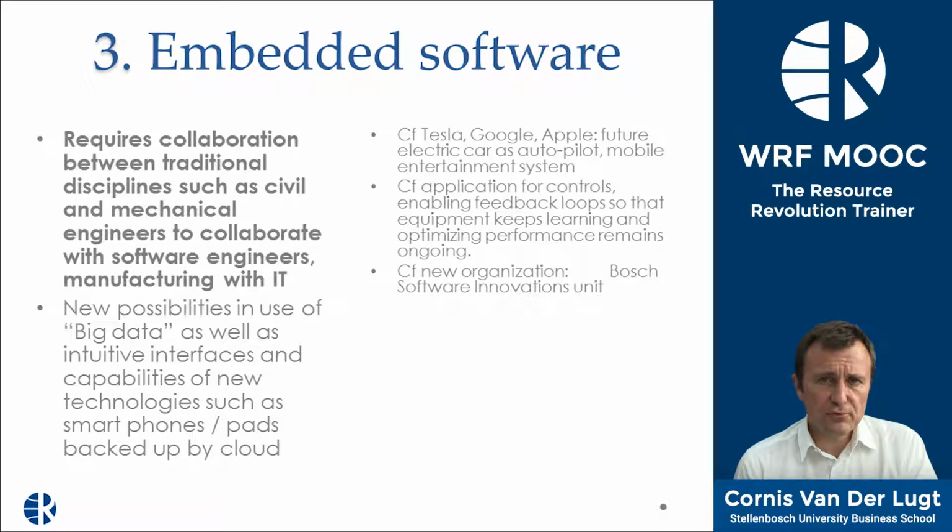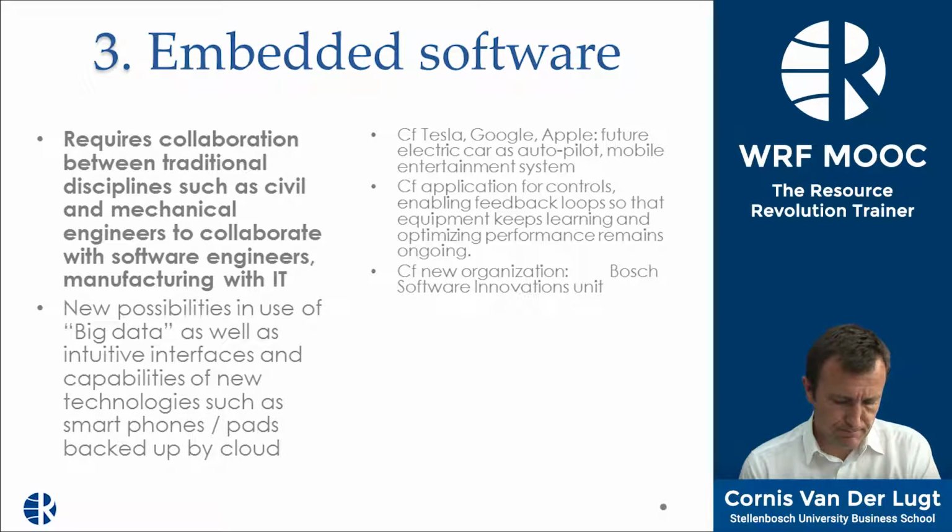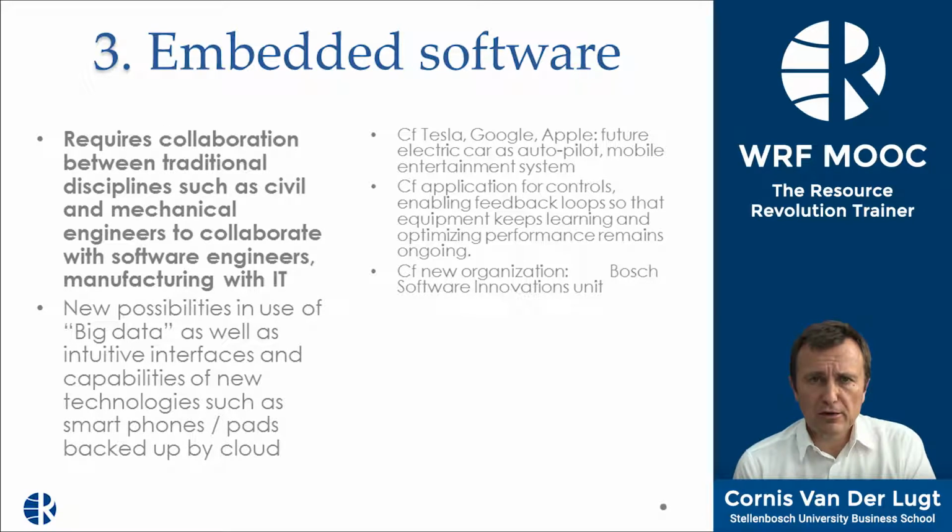Intelligent use of software also includes improvements in controls, enabling feedback loops in equipment so that a piece of equipment basically monitors its own performance continuously and learns from its own performance, enabling itself to continuously improve. An example comes from the company General Electric.